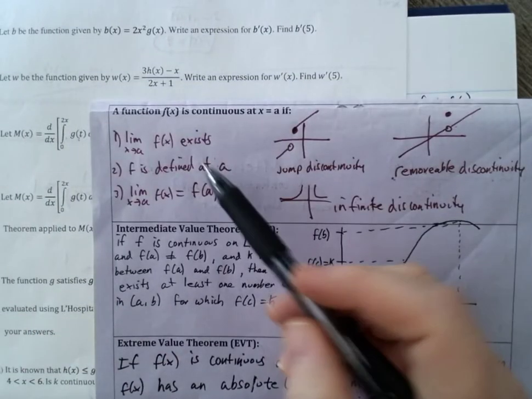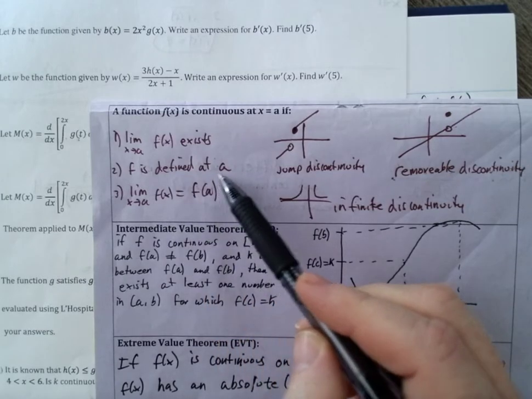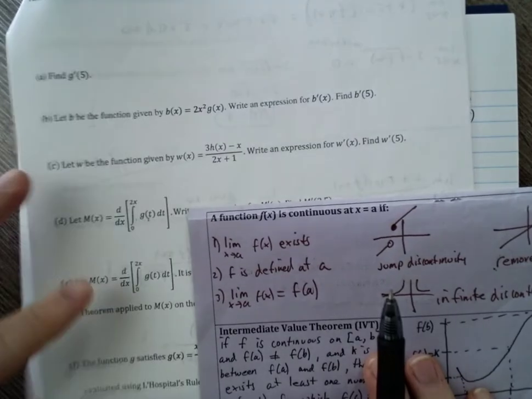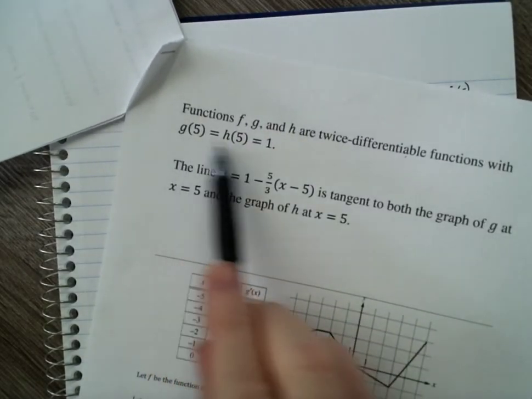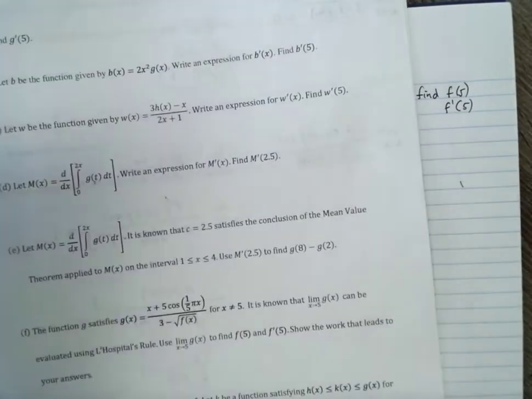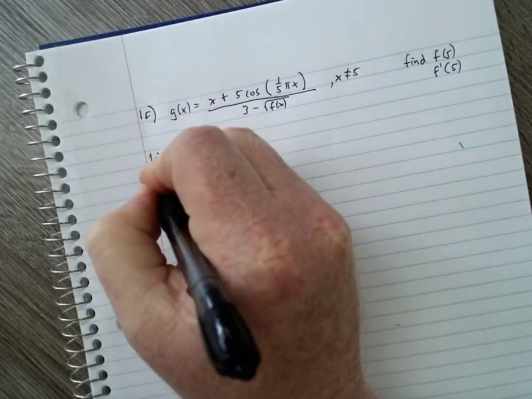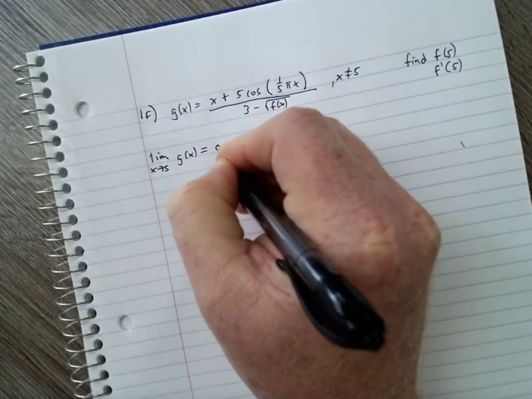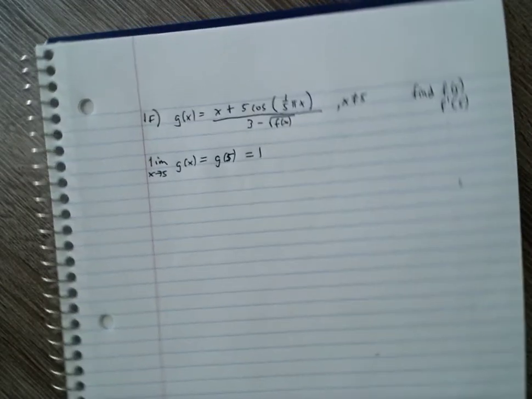Three things make it continuous: the limit exists, we know that's true; the point is defined, because we are told back in our stem that g of 5 equals 1; and the limit equals the point. The limit as x approaches 5 of g of x equals g of 5, which equals 1. Okay, we know that to be true.